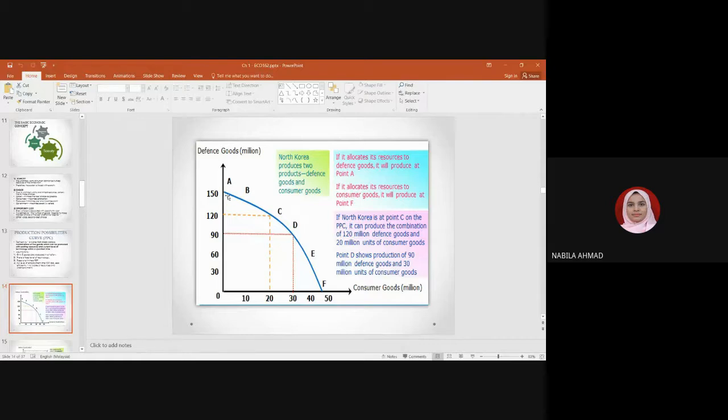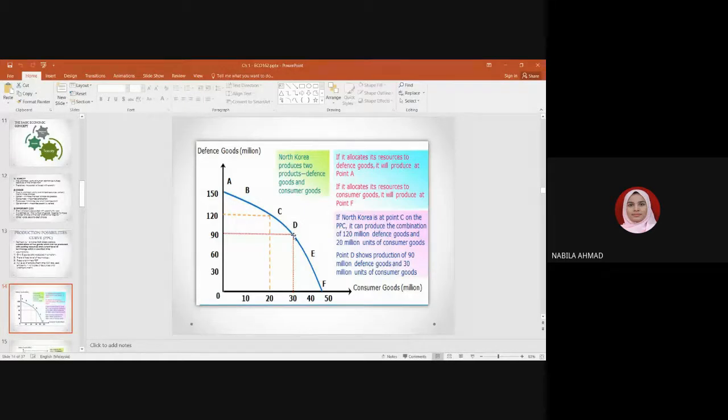Kalau they move to point B contohnya, kita katalah dalam 130, ya. So North Korea produces 130 million defense goods and 10 million consumer goods. Kalau point C, North Korea uses all the resources to produce 120 million defense goods and 20 million consumer goods. Right?